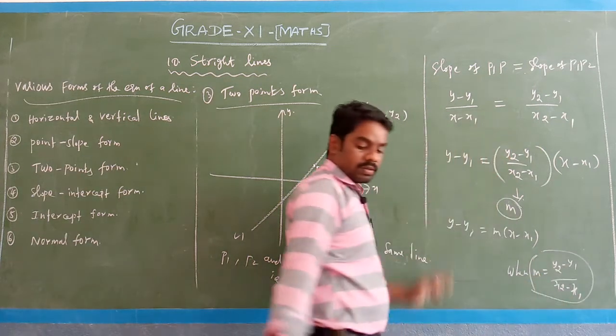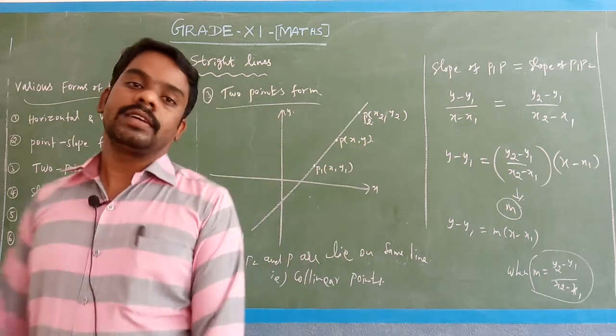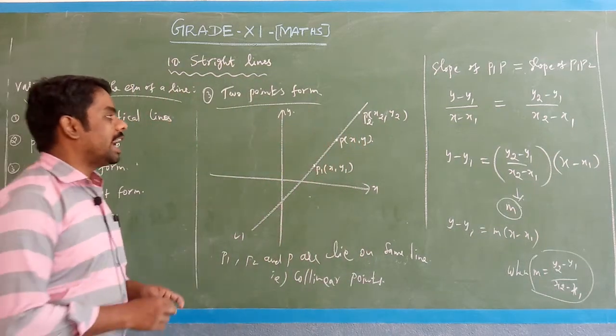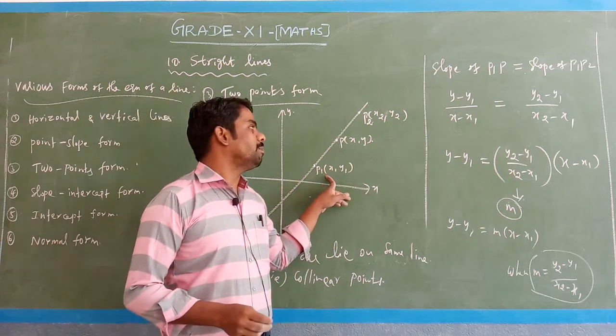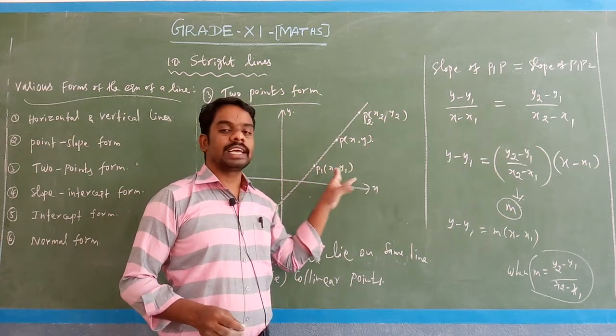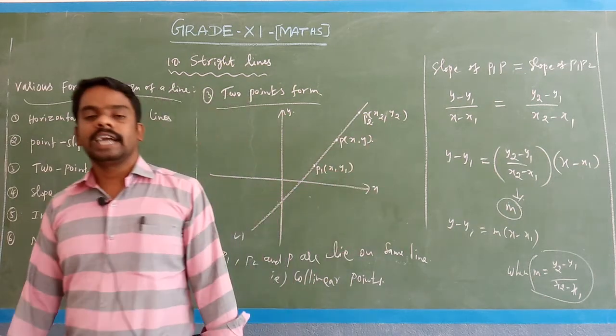This is the equation of the line passing through two points P1 (x1, y1) and P2 (x2, y2).